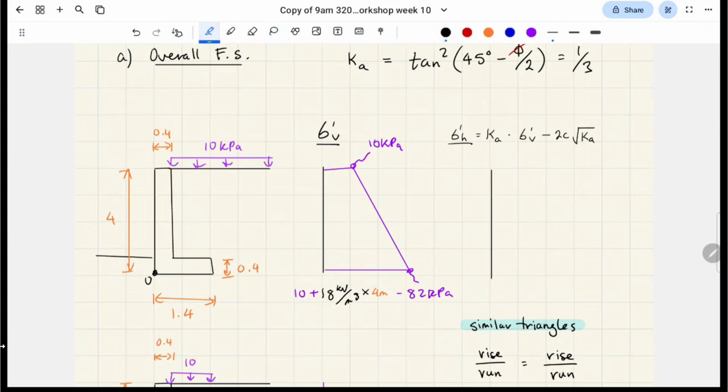So that's our distribution for vertical effective stress, yeah?